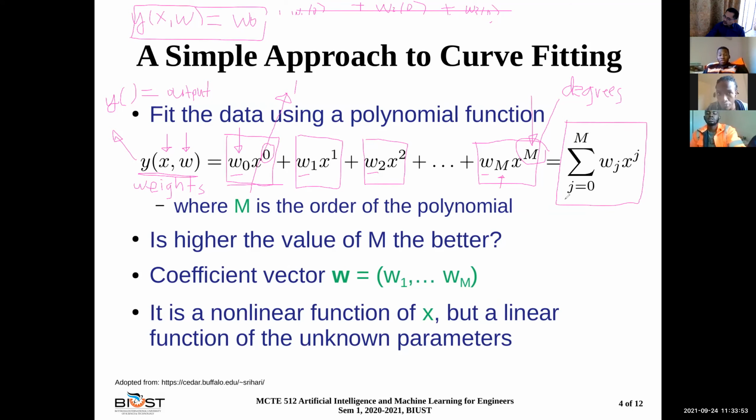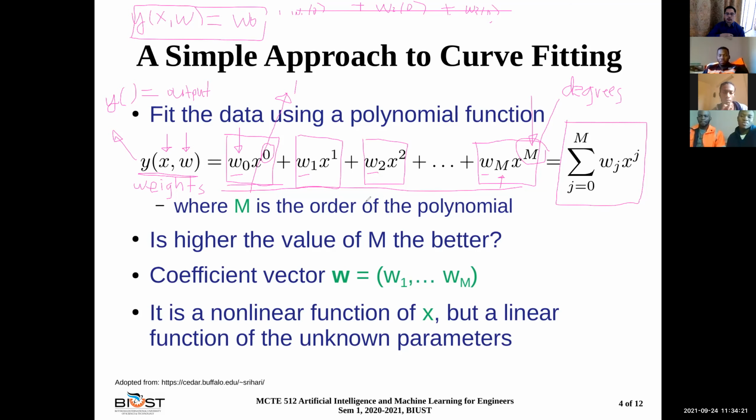That's why we can write it in a more compact form of a summation of all the wj's multiplied by x to the j, where wj is your weight and j goes from 0 to n. So the same way as we write this coefficient here, we can write it in a more compact summation form. That's our polynomial.